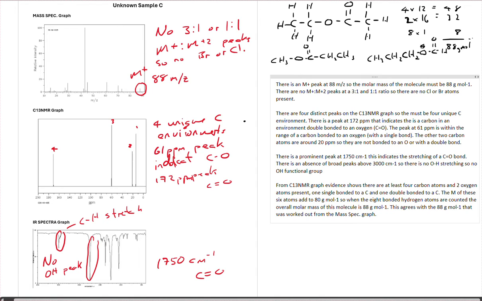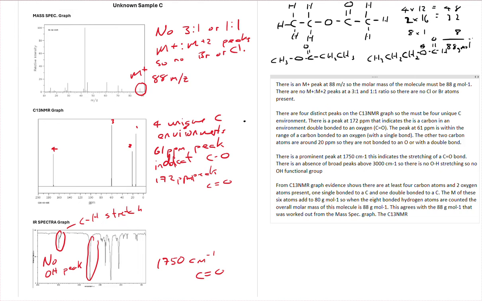The next thing that the 2 graphs, the carbon 13 NMR and the IR graphs, both show is that there is a C double bond O present.